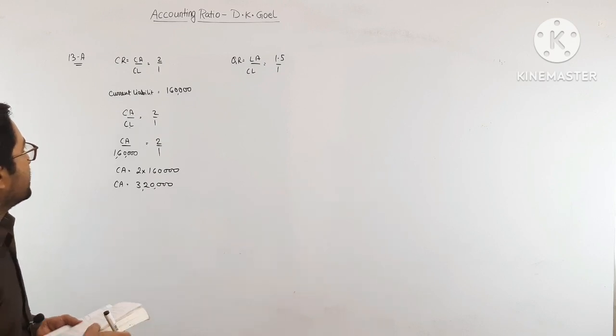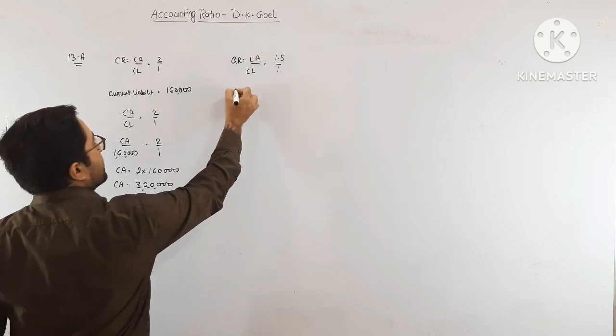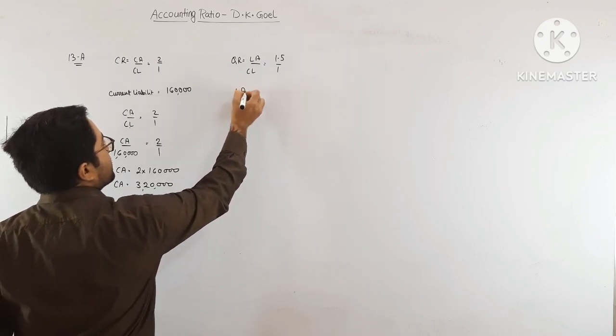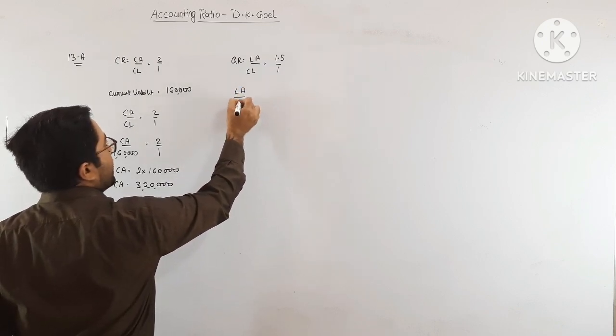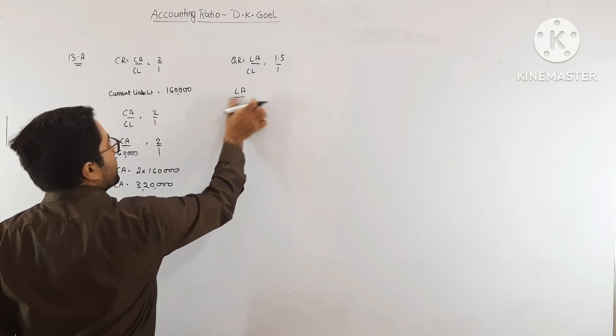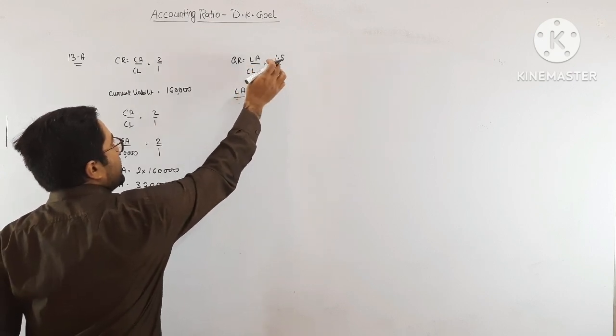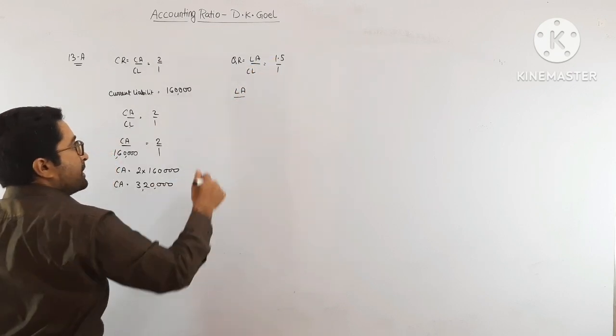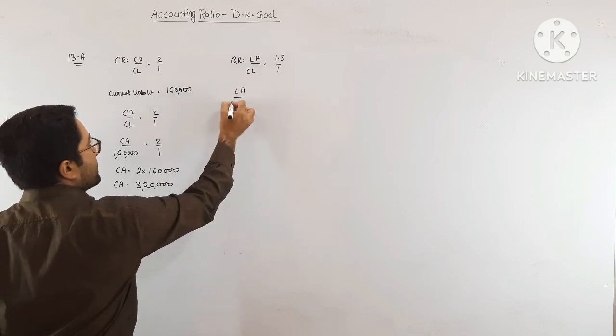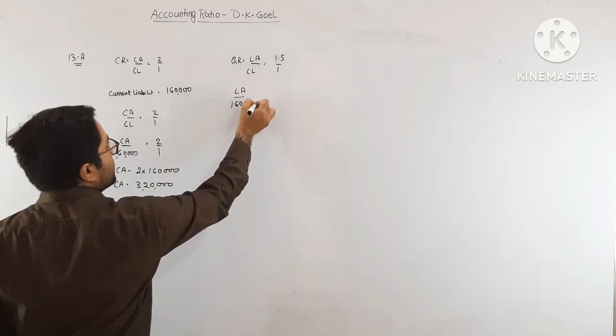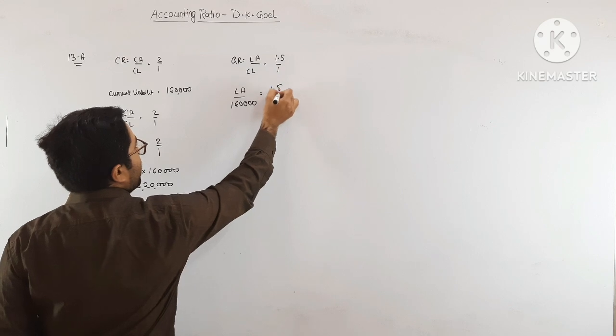Now, liquid asset upon current liability. The liquid asset upon current liability is 1.5:1. So the value of current liability is 1,60,000 and it equals 1.5 upon 1.